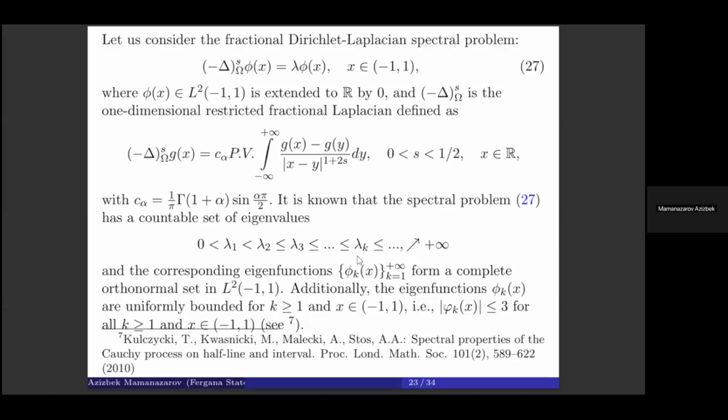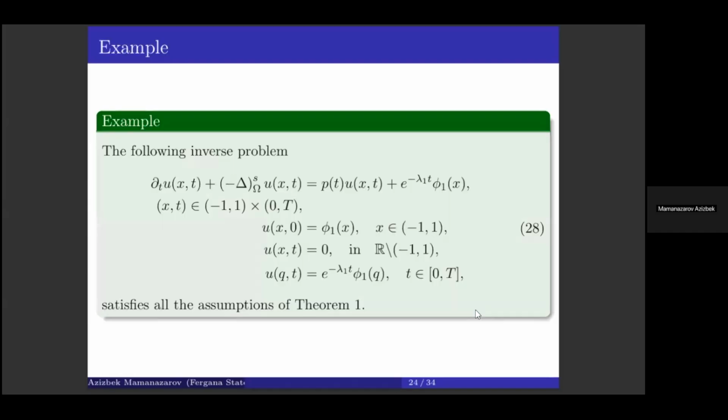From the paper of these authors, it is known that this spectral problem has a countable set of eigenvalues, and the corresponding eigenfunctions form a complete orthonormal system in L2. Additionally, in the paper of these researchers, it was proved that all of the eigenfunctions of the spectral problem are bounded. So using this result, we provided the following example.